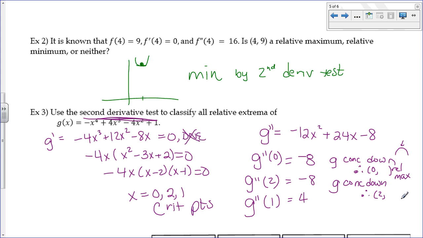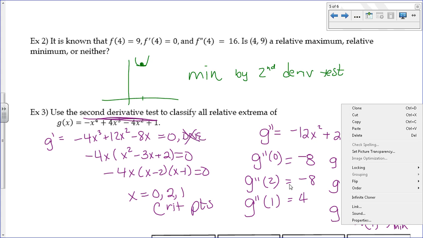Therefore, (2, whatever) is another relative max. And last but not least, g is concave up at 1 because g double prime of 1 was positive. Therefore, (1, whatever the y value is) is a relative min. Okay? And I'm done. That's it.